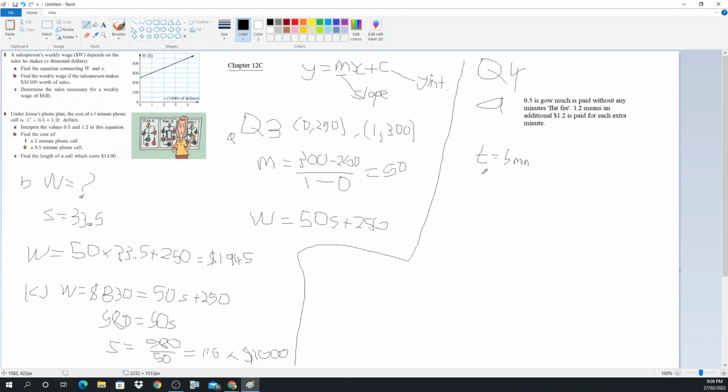And then the cost, C, equals 0.5 plus 1.2 times 5.